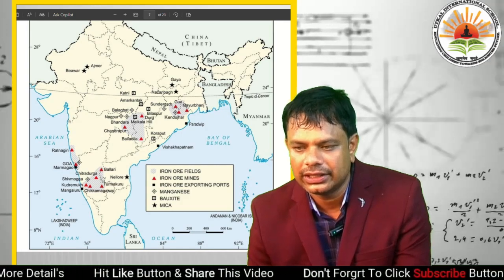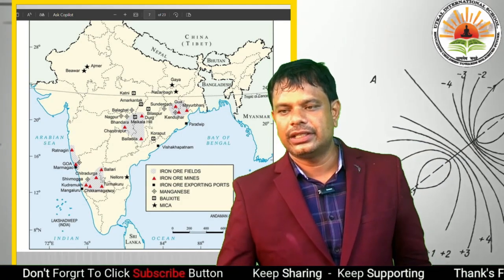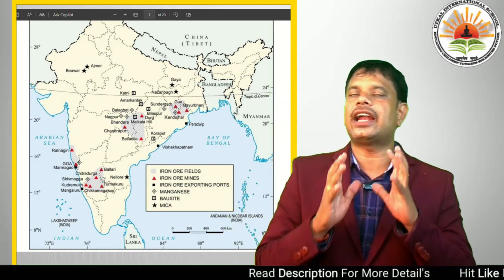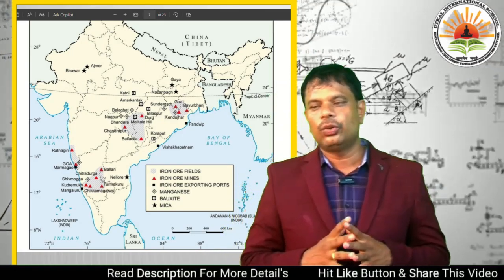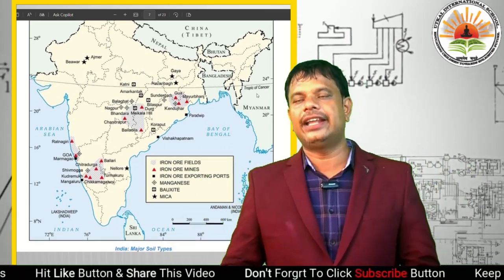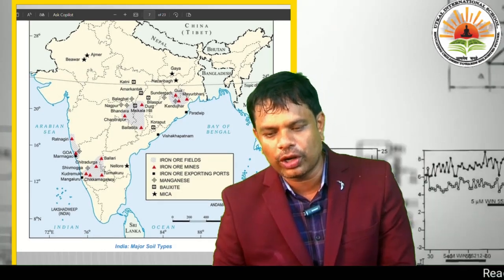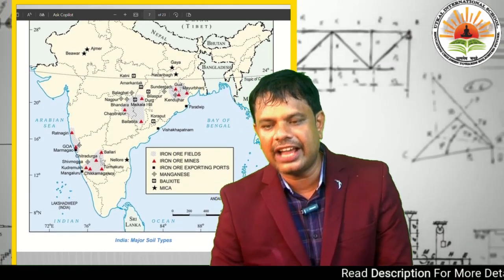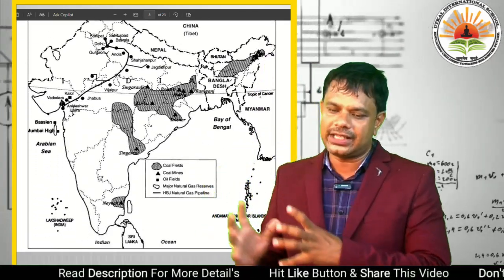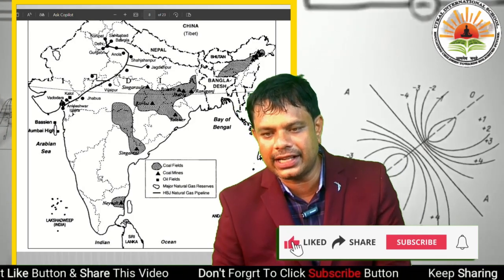Dear students, this is all about your chapter, mineral and energy resources. We discussed a brief about this chapter, occurrence of minerals and types of minerals: metallic, non-metallic and energy minerals, and the differences between metallic and non-metallic minerals.